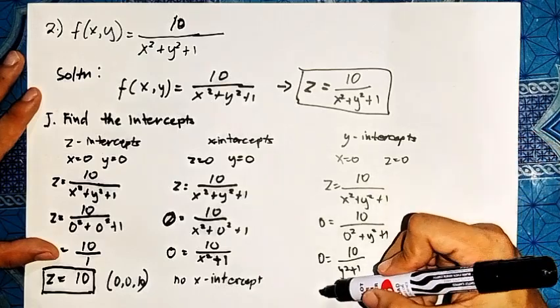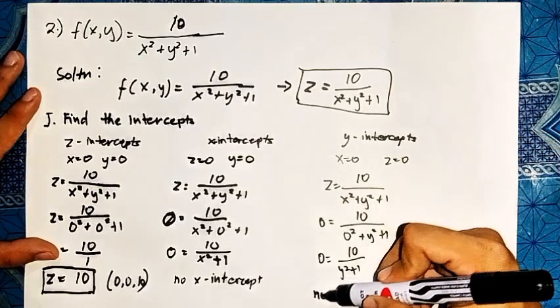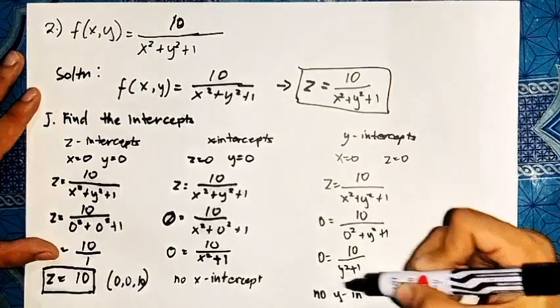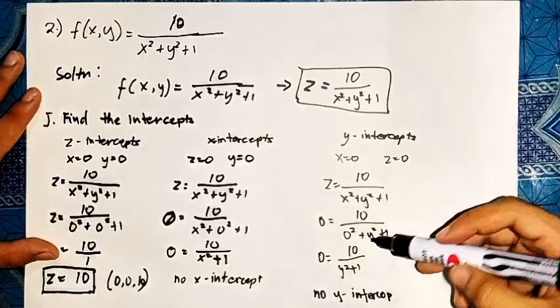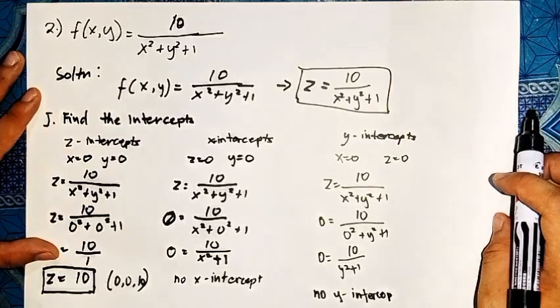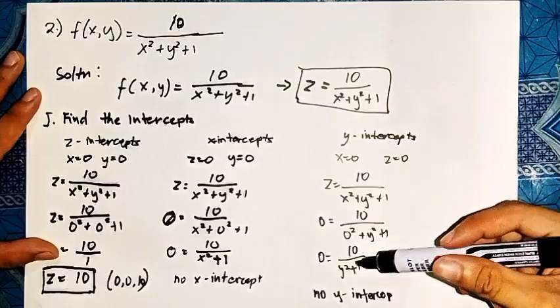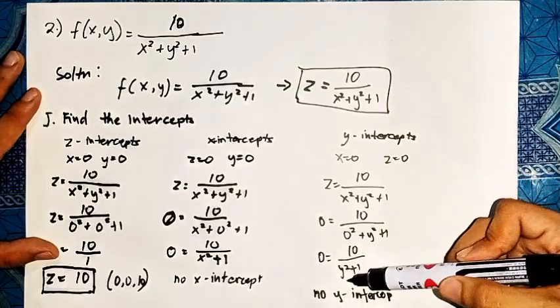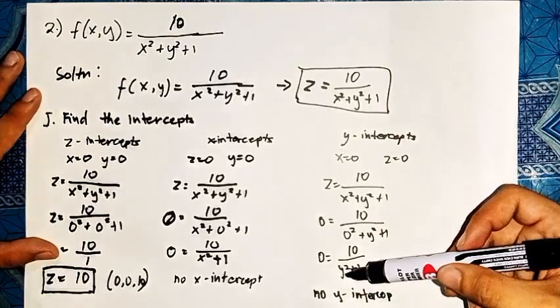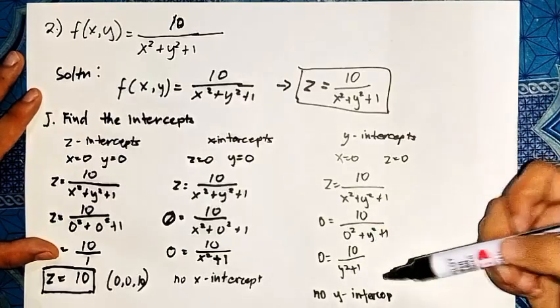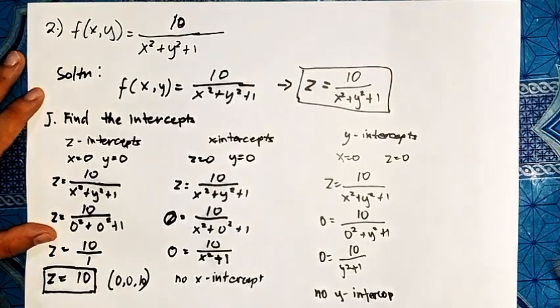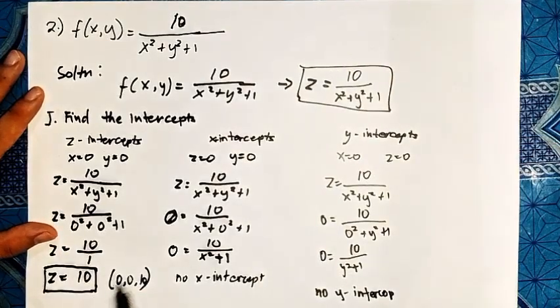So meaning it has no y-intercept, because this expression is never 0 for any real y. Even if you put 0 there, there is a value. Whatever the value of y, there is always a value. So this expression is never 0. So in the z-intercept, we have 10, while there is no x-intercept and no y-intercept.